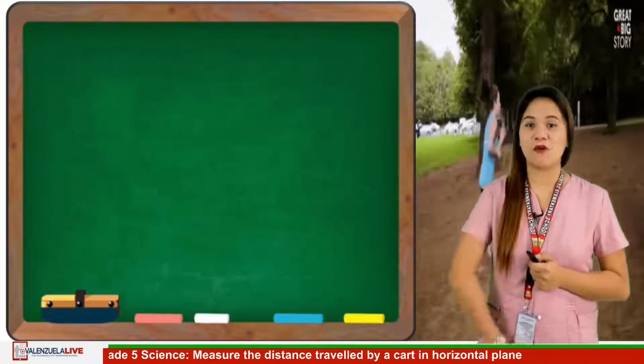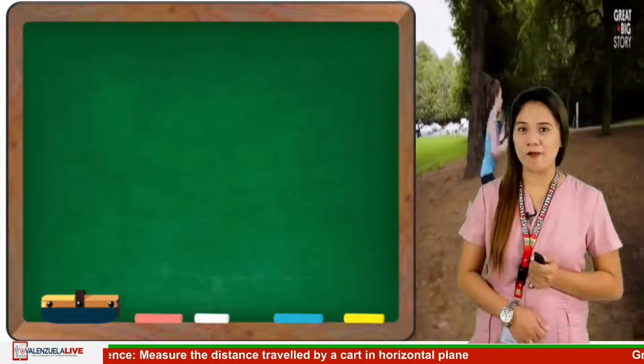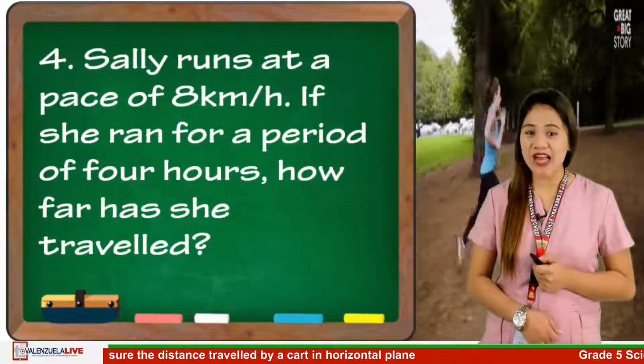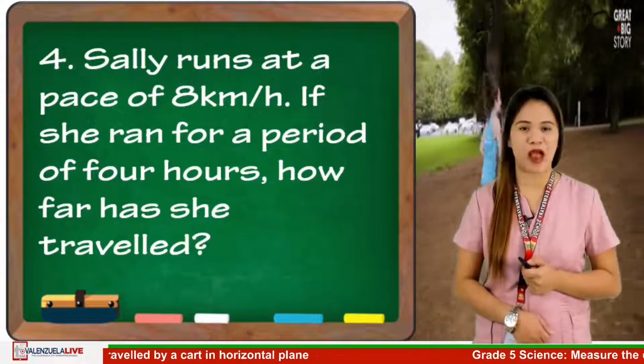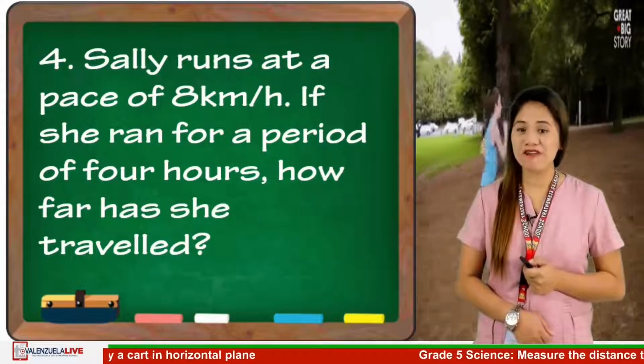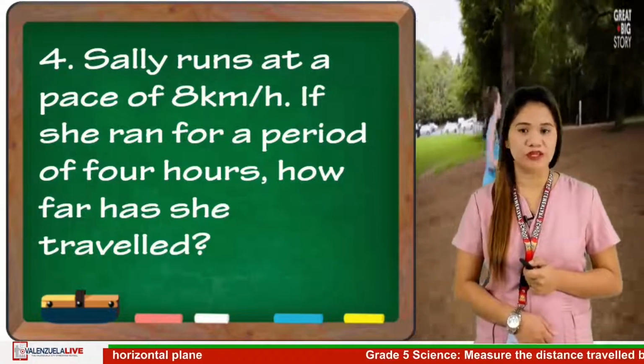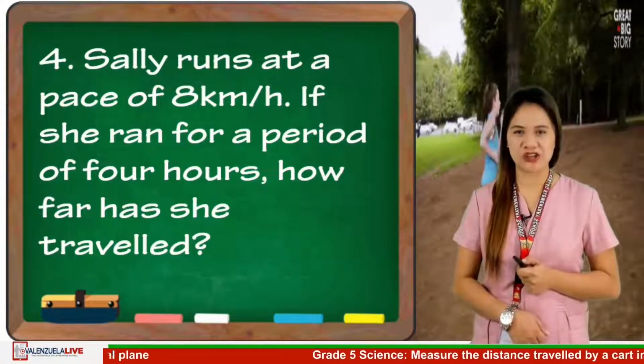And down to our last stretch, number 4. Sally runs at a pace of 8 kilometers per hour. If she ran for a period of 4 hours, how far has she traveled?